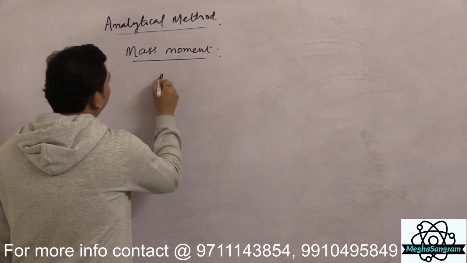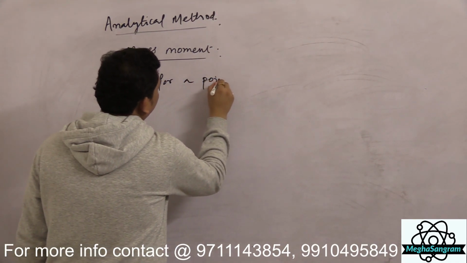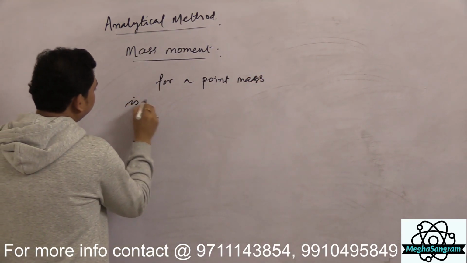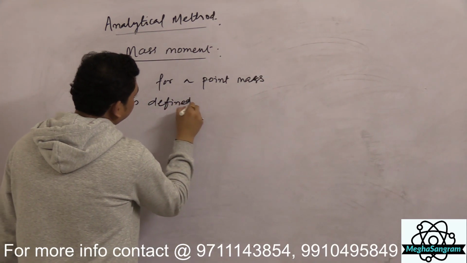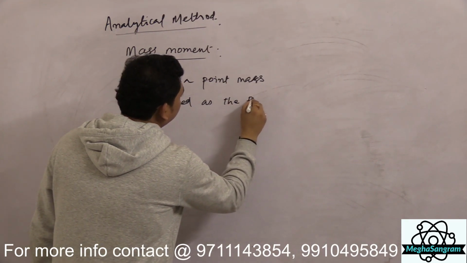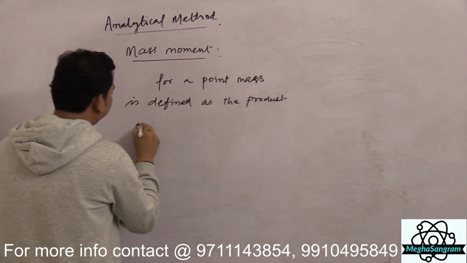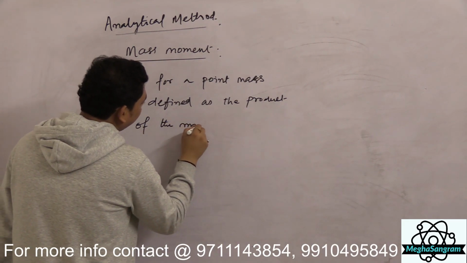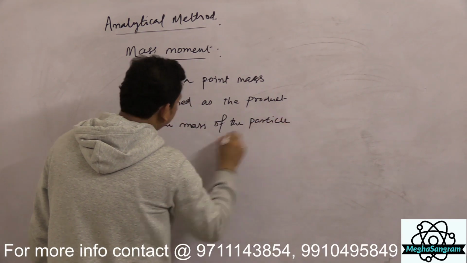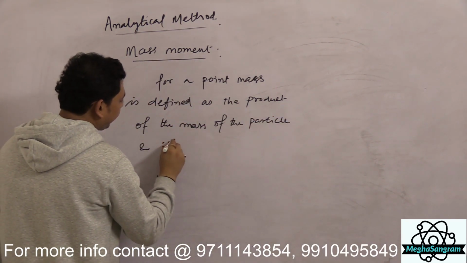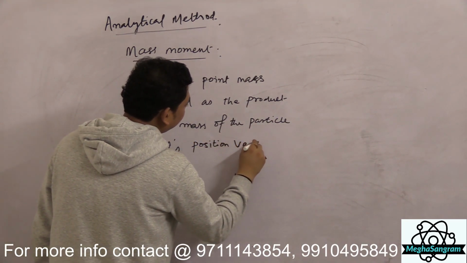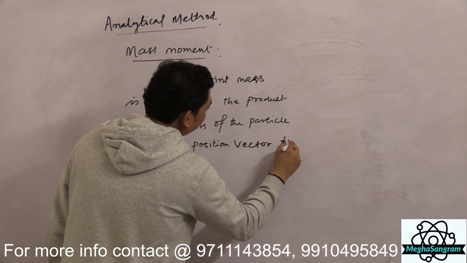Mass moment for a point mass is defined as the product of the mass of the particle and its position vector from a reference point.